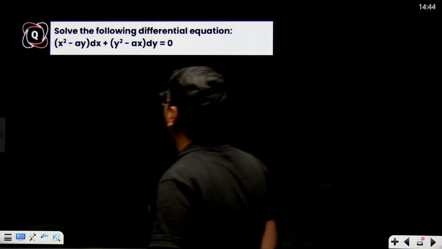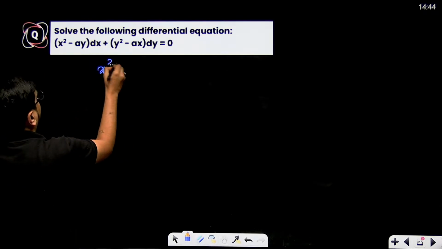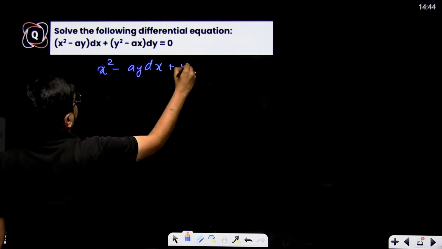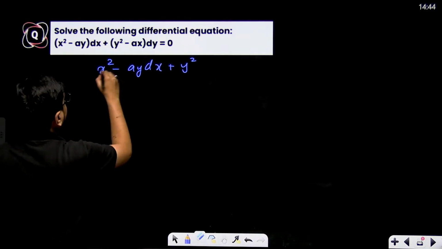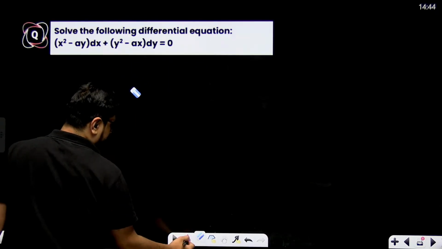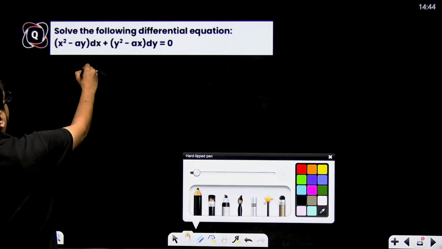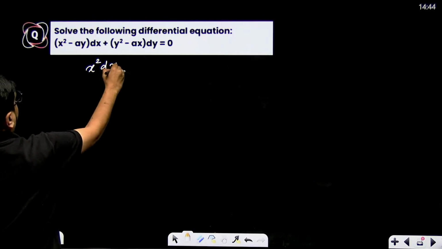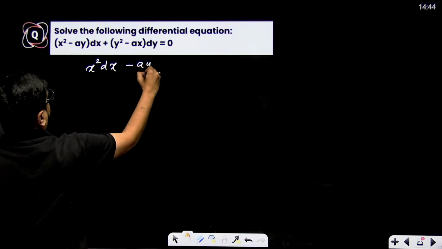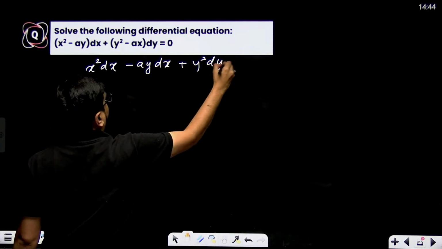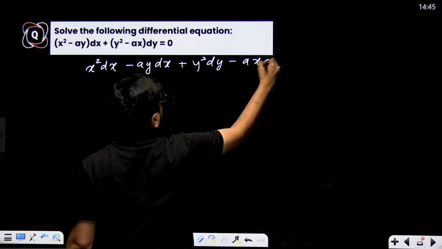For example, in this question, if we see, what do we have? If you open it, x square dx minus ay dx plus y square dy minus ax dy.